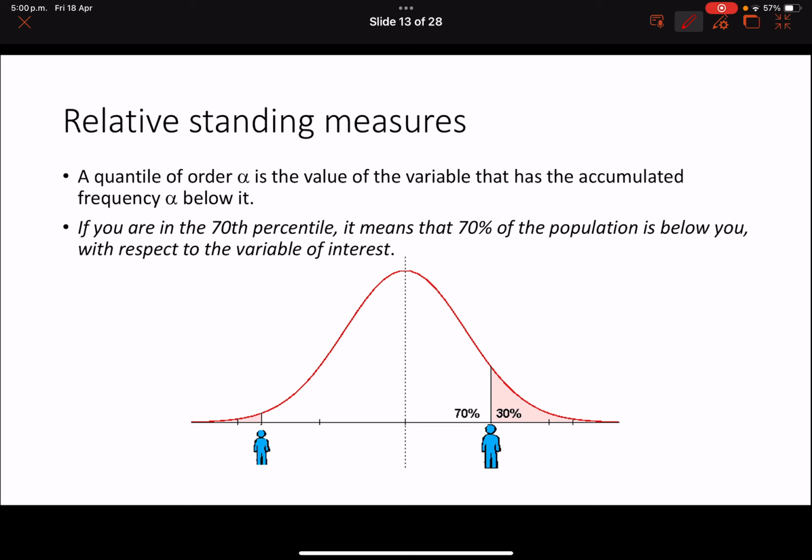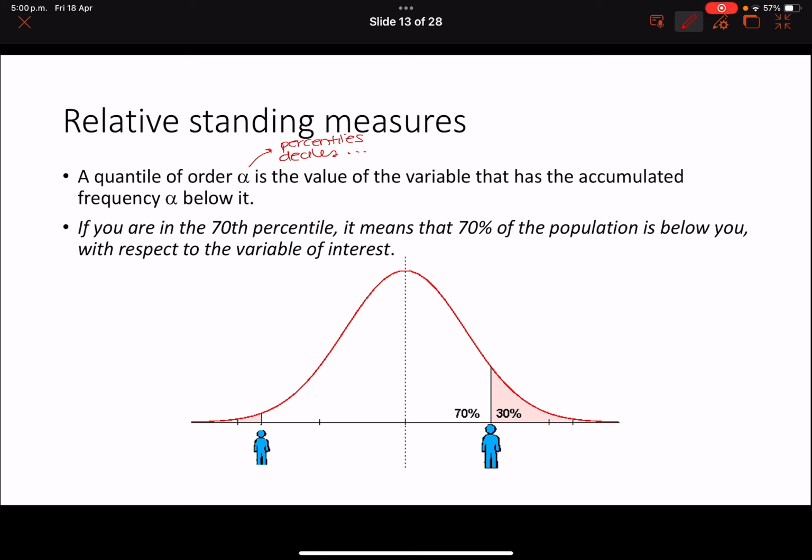So this is called a relative standing measure because we are comparing ourselves to all of the data that we have. So a quantile of order alpha, and alpha would be percentiles or deciles or quartiles, is how much of the variable has accumulated below it.